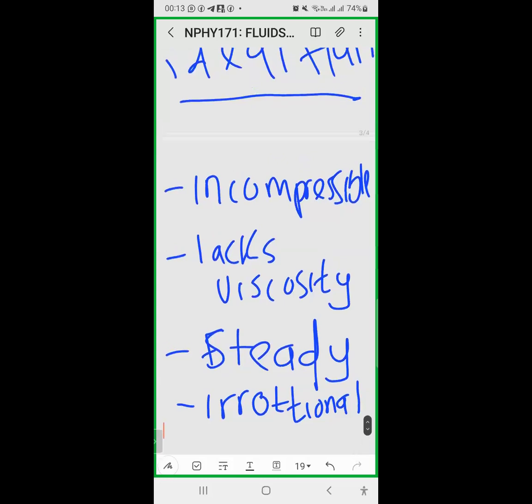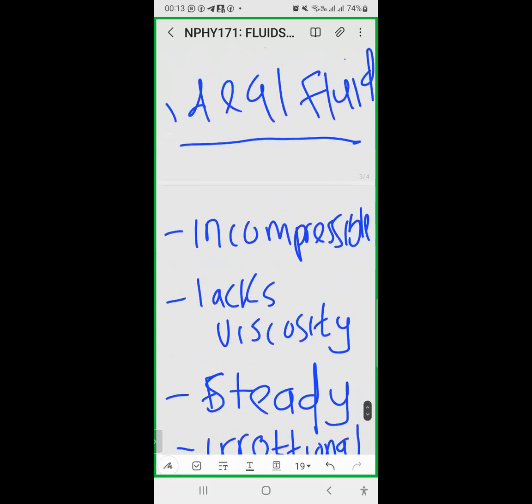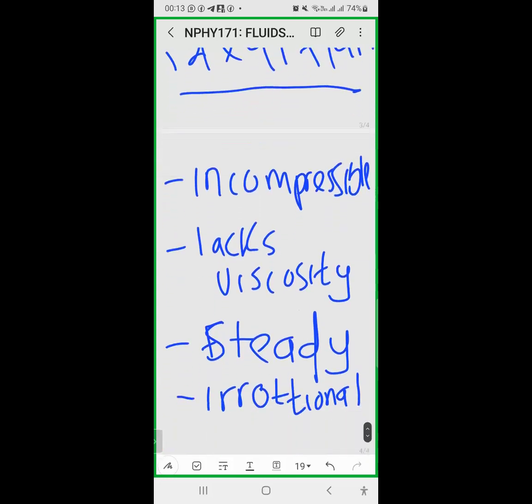These are very important characteristics that you have to understand fully, because in some questions, you'll have to make assumptions.